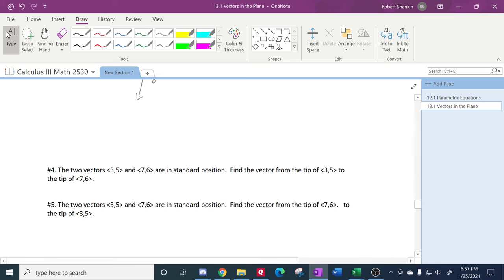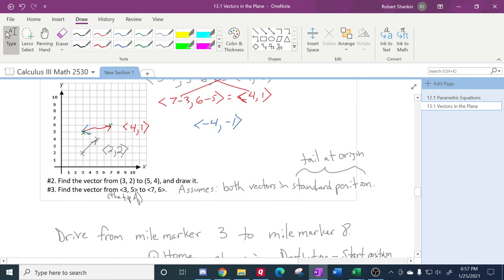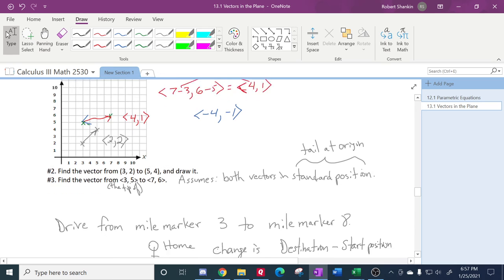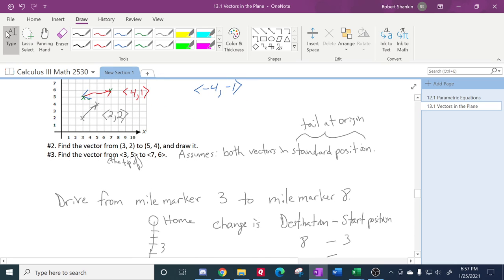Hey, can I just skip number 3? Did we skip number 3? Kind of. Oh, okay. I didn't write down the answer, but it's the same answer as before: 7 minus 3, 4, 6 minus 5, 1.